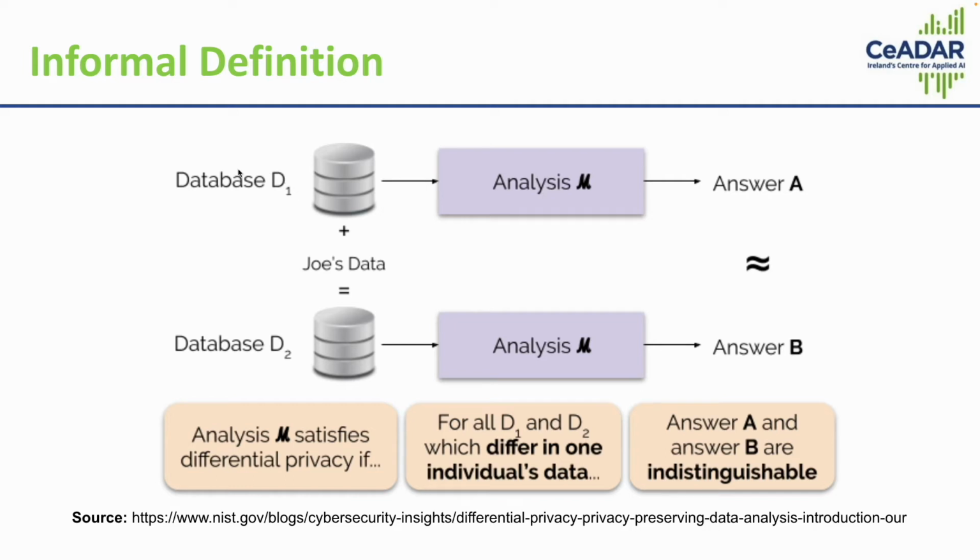Suppose you have two databases which are very close to each other, and the difference between those two databases is just one person's entry. So let's say in database D1, there's Joey's data, and in the database D2, there's no Joey's data. And when you do analysis on these two data sets, differential privacy says that the answer of both these analyses on both these data sets should be the same. That means one person's data should not influence any of the answers that you get from this analysis.